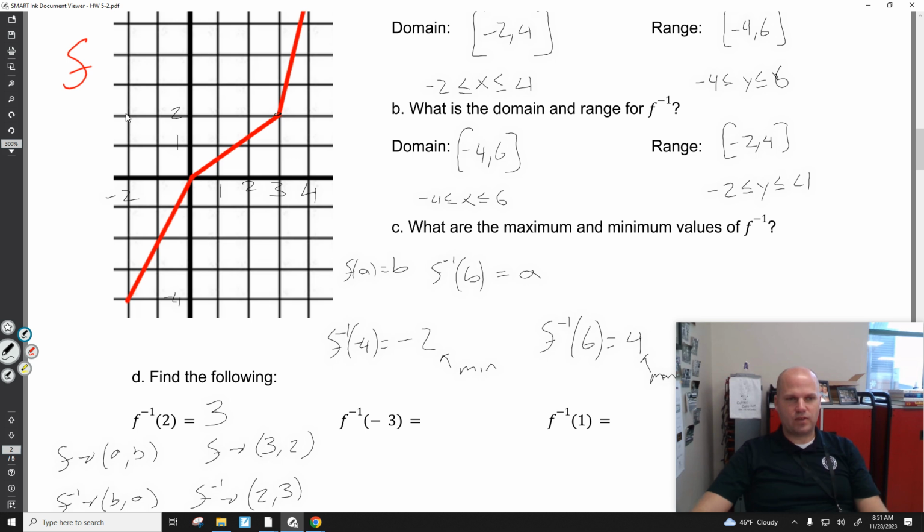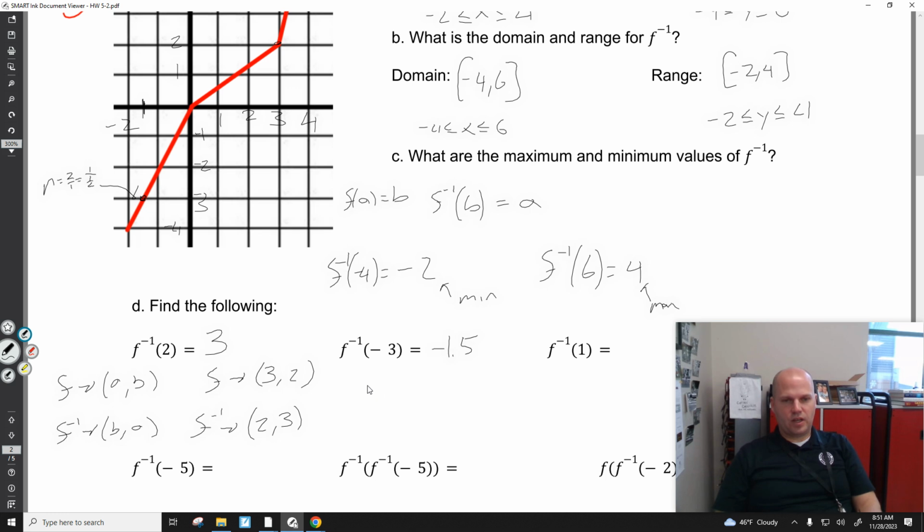Like f inverse of -3, you would look for when f's output is -3 right there, and you would find the input. Now, this is using slopes to make sure that we're going up 2 over 1. The slope of that is up 2 over 1. I need to go up 1, divide the top and bottom by 2, over a half. So this is going to be -1.5.